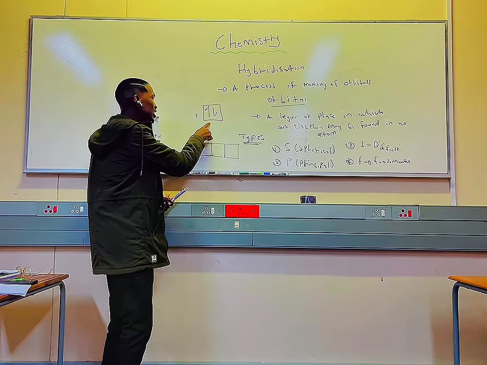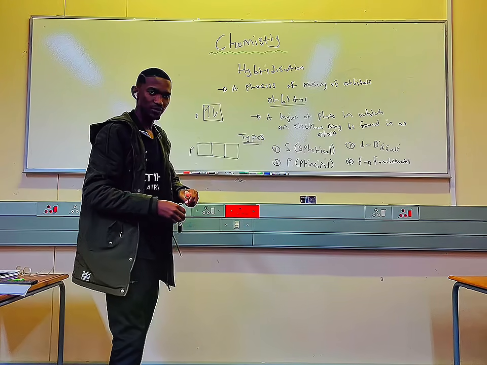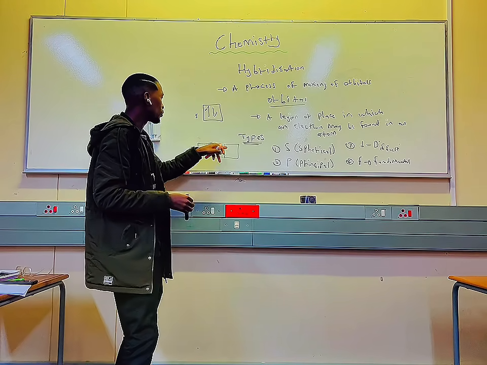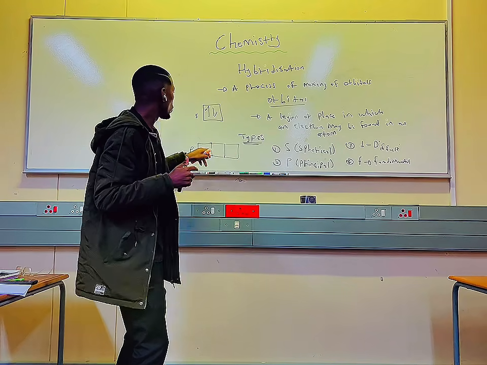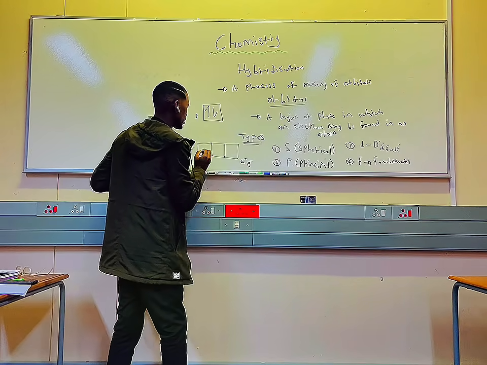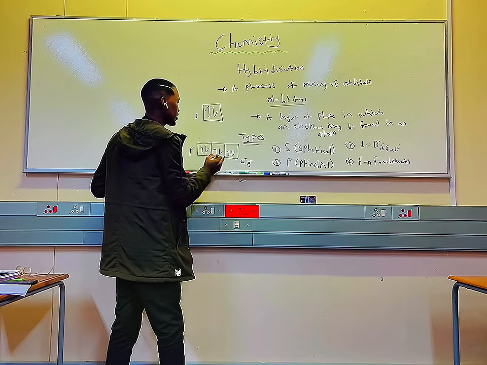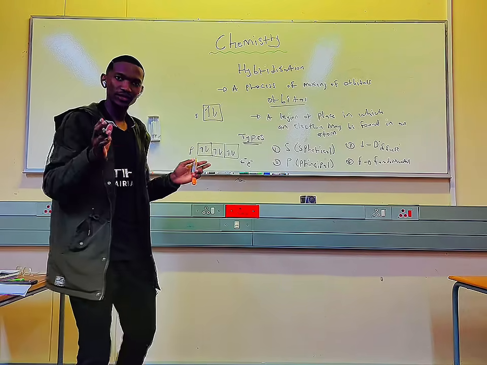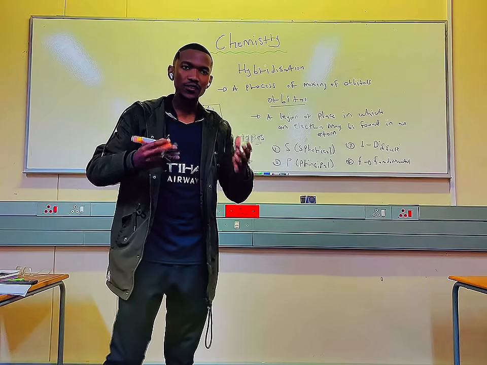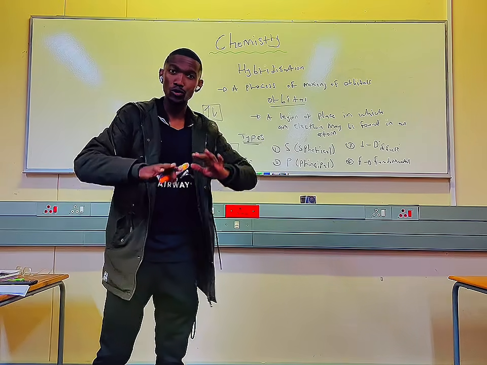Remember we said each orbital must get 2 electrons. So 2 times 3, because there are 3 orbitals and each must have 2, is 6. So I'm expecting 6 electrons: 1, 2, 3, 4, 5, 6. You get what I'm saying? This is how you identify. No more problem.